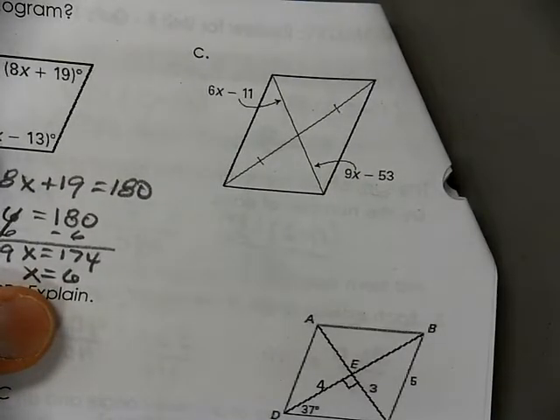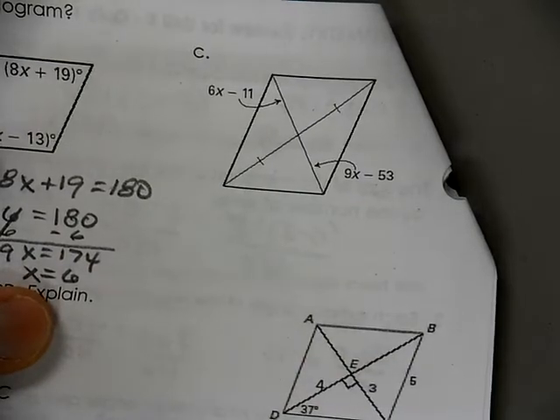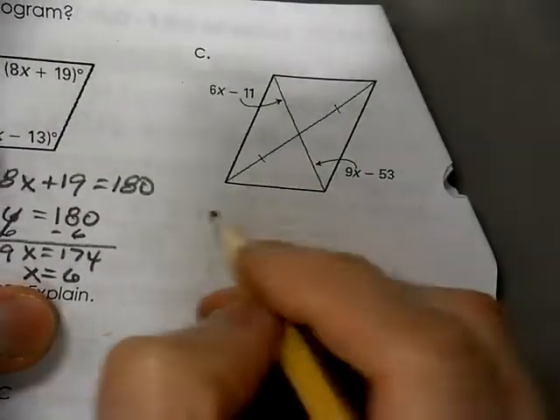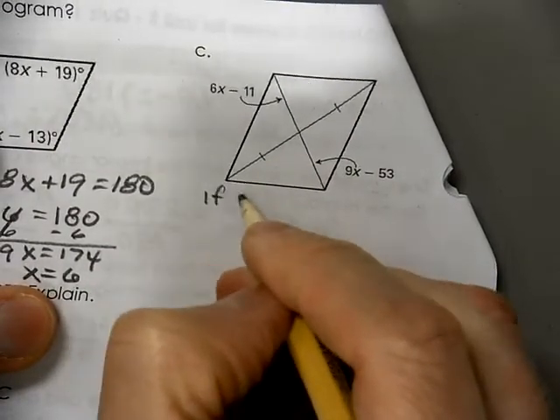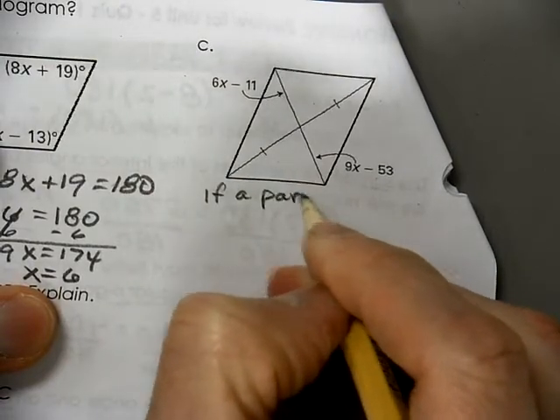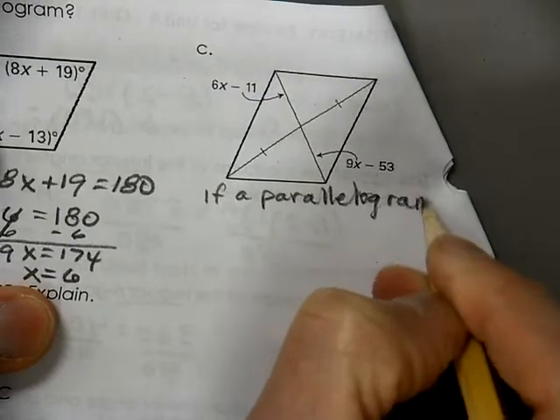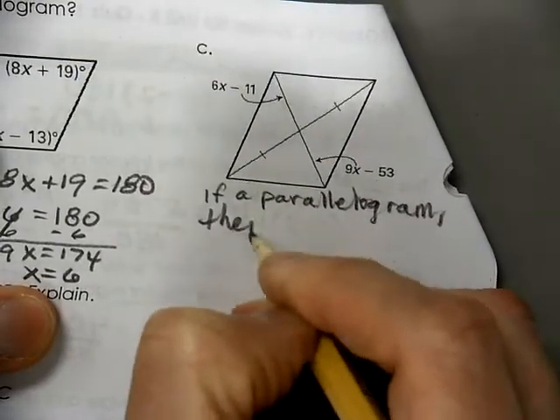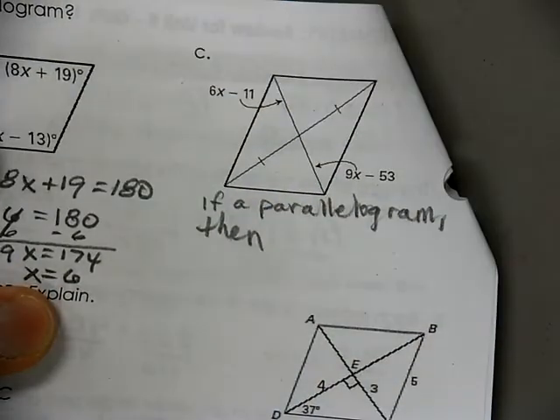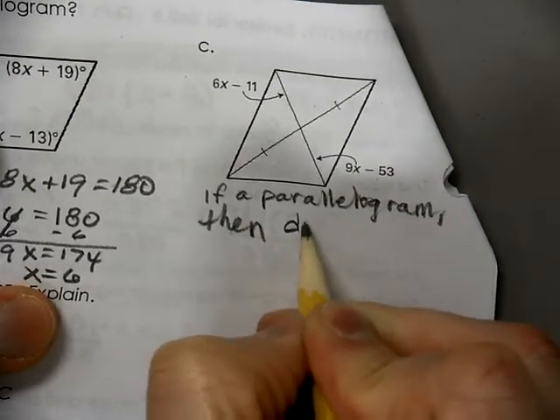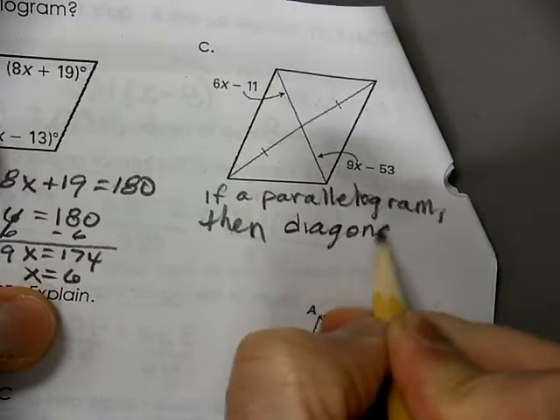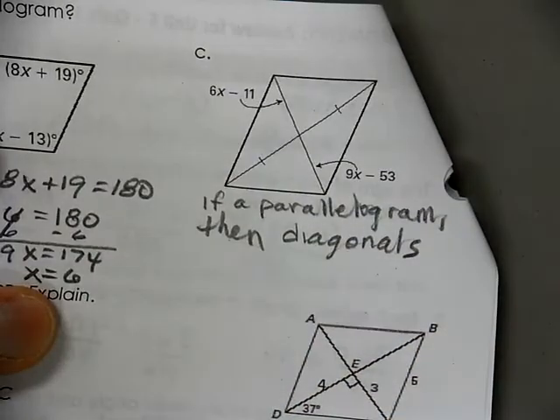Alright, what do you think this one's going to be? If this is a parallelogram, then what's happening in this picture? What about the diagonals?